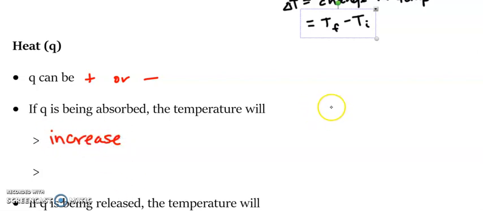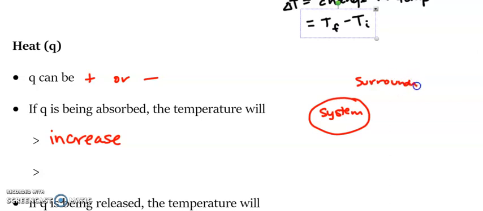Okay, so if you've got your system, right, and everything outside is the surroundings, and Q is going in, the heat is going in, that's going to be a positive Q, right? And the temperature in that system will increase. Okay, so we call these changes in heat when it's increasing like this, we call them endothermic.